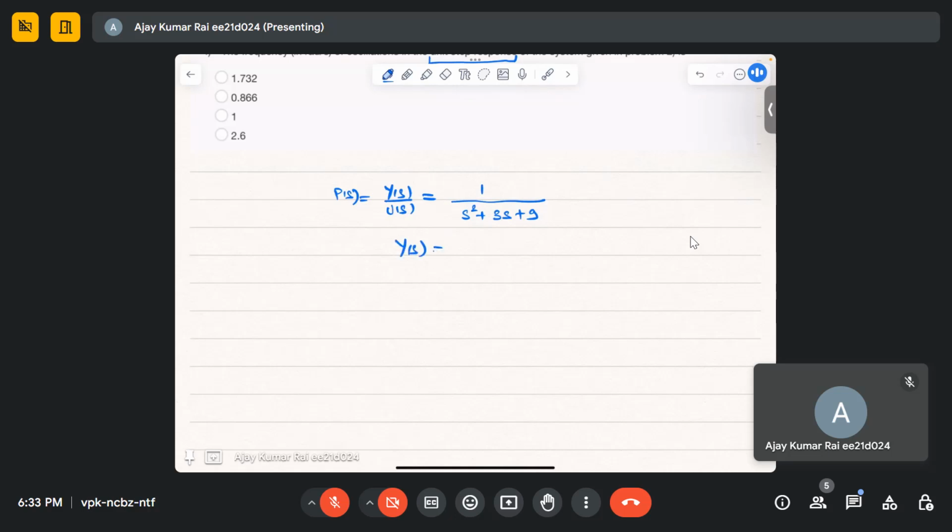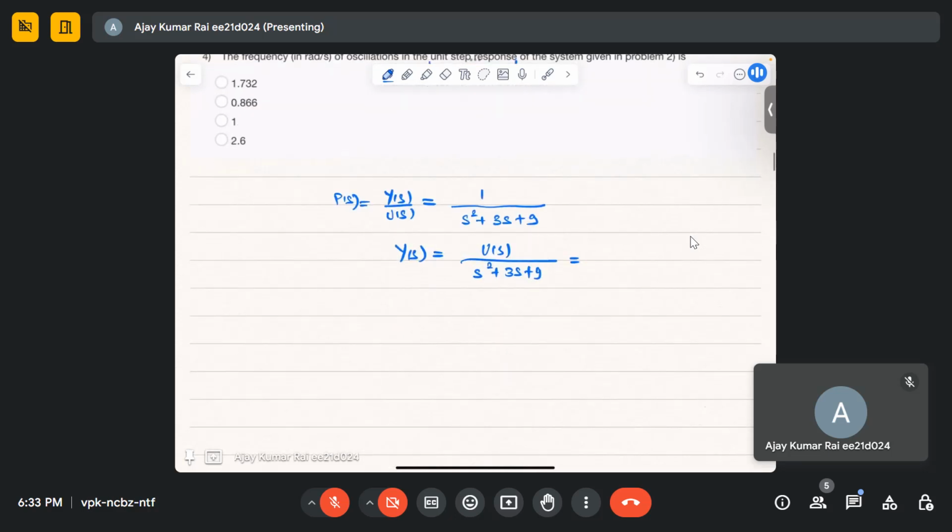So y of s is equal to u of s by s square plus 3s plus 9, and unit step. What is the Laplace transform for unit step? 1 by s, right? We have already covered this in the previous weeks, and you have to find this.